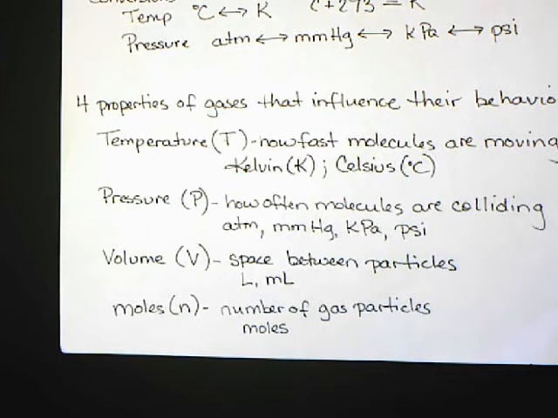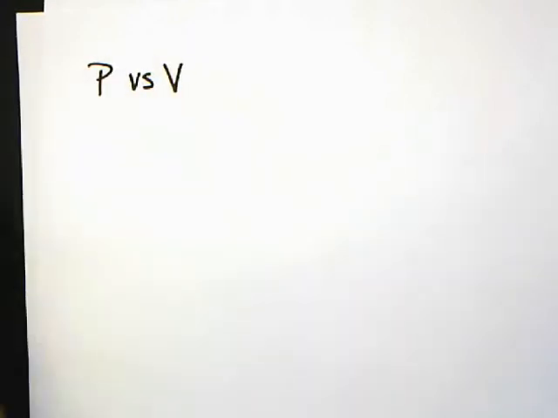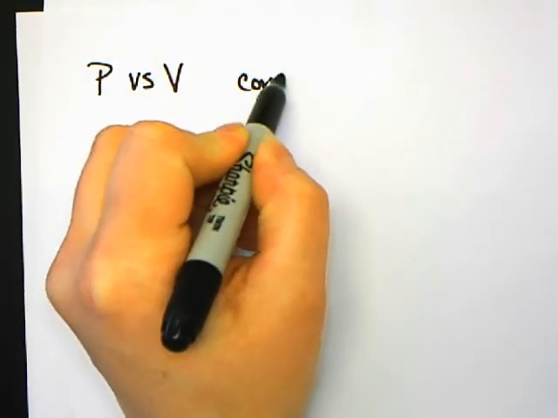So we are going to take those 4 ideas and use them in a gas exploration. What you're going to need to do is think which variables are being held constant and which variables are going to be moving. So, for example, if you are going to investigate the relationship between pressure and volume, you have to keep constant temperature and moles.